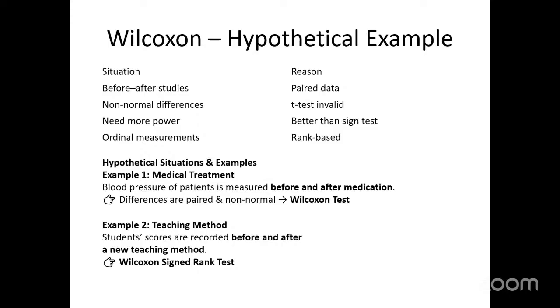So what is the situation? Before and after cases, that is paired data, the normality assumption is violated, and we need more power, it is better than the sign test, and the measurement is ordinal, that is rank based. So the examples are quite similar. The only difference is in the test procedure. We are not dealing with only the sign, we are also dealing with the magnitude and the sign. So I am not giving the same example again, you just have a look.